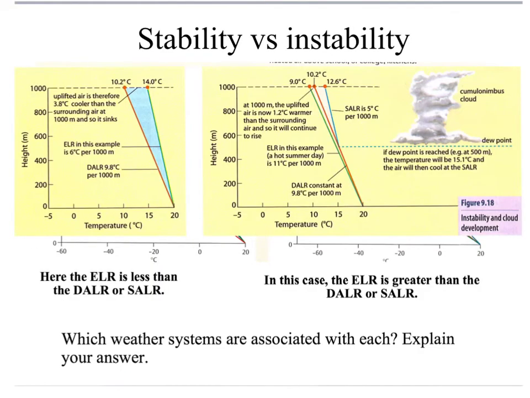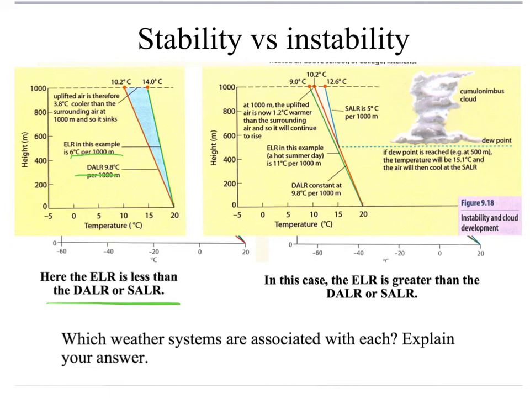So some lovely graphs again. Here on the left we can see that the environmental lapse rate is less than both the dry or saturated adiabatic lapse rate. So here we can see the environmental lapse rate is 6 degrees per 1,000 meters, and it's the green line. Here we've got the dry adiabatic lapse rate, and it doesn't reach saturation point in this, so there is no saturated on here.